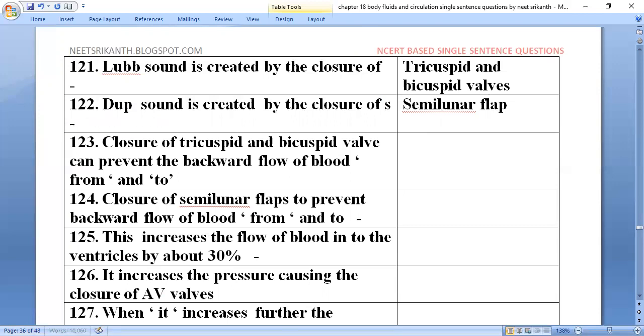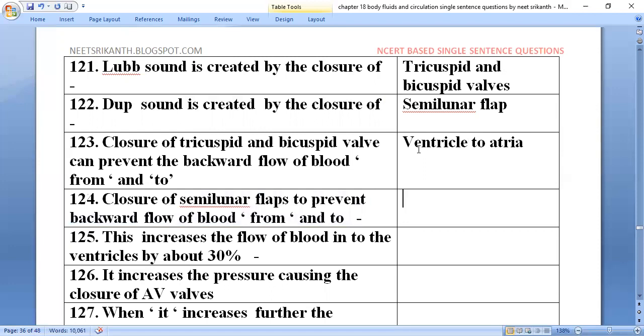Closure of tricuspid and bicuspid valves prevents the backward flow of blood from ventricle to atria.